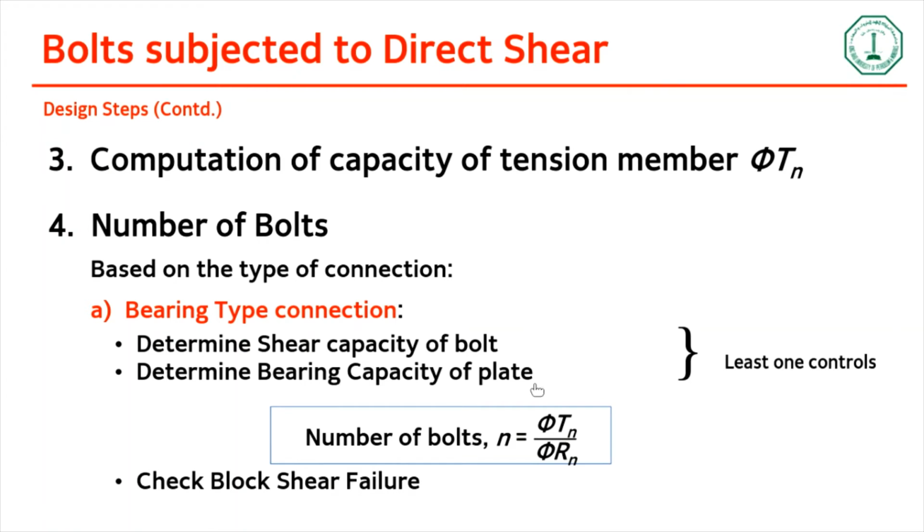Based on those two criteria, we find the capacity of one bolt. Among these you take the lesser one, because it will be more critical, and we divide the capacity of the member by the strength of the bolt. We get the total number of bolts required.